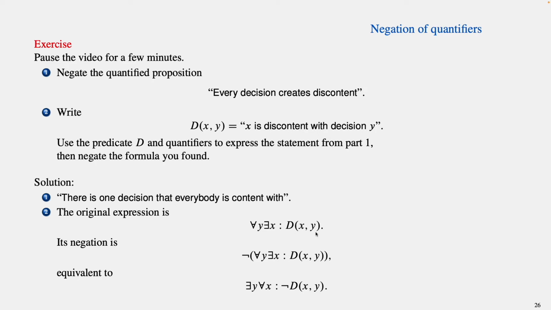The negation, formally, is not for all y exists x such that D(x,y), and we flip the quantifiers here and move the negation inside. So this becomes there exists y such that for all x, not D(x,y). So there exists a decision y such that for all persons x, it is not true that x is discontent with y.